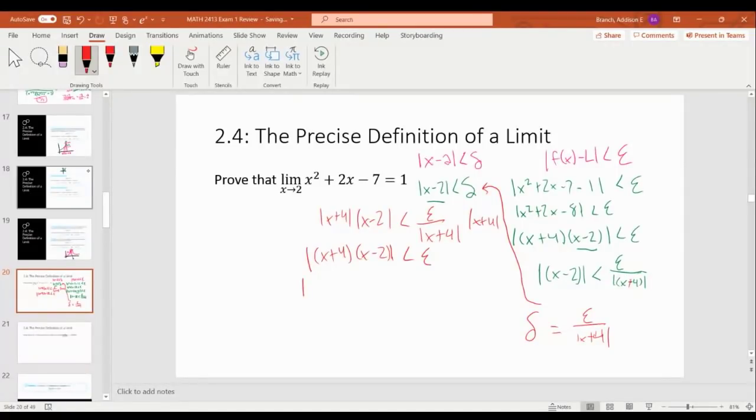We can re-expand that back out and see that we have x squared plus 2x minus 8 is less than epsilon. And then we get x squared plus 2x minus 7 minus 1 is less than epsilon.